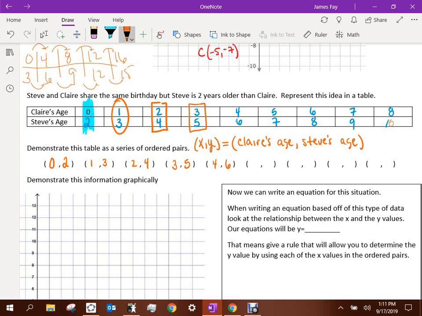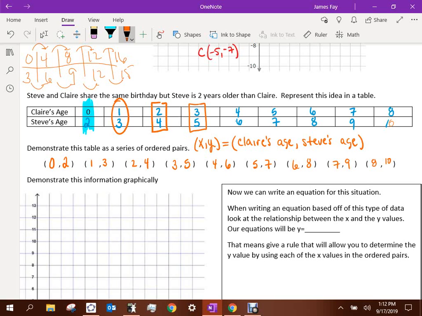Okay, see the pattern here, right? 4, 6, 5, 7, 6, 8, 7, 9, 8, 10. And most of the time we don't need that many, so I don't know how many I've got up there, 9 or 8 or something like that. You don't need that many eventually. Okay, 3 or 4 will be fine. But that's how we gain ordered pairs from a table. Okay.